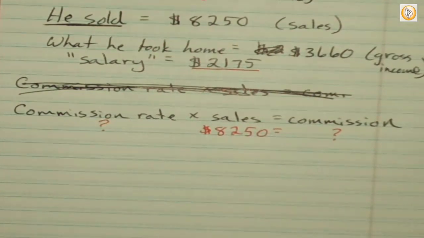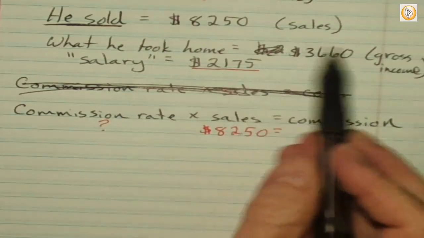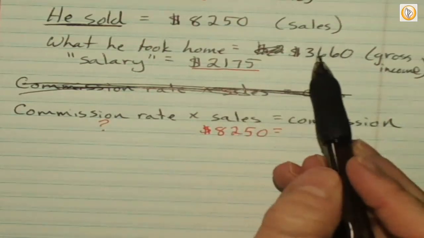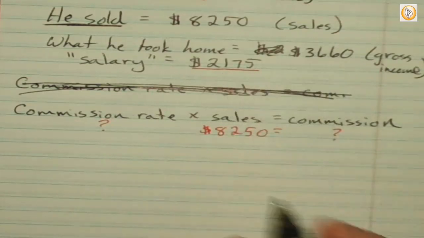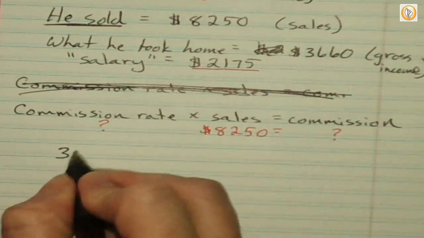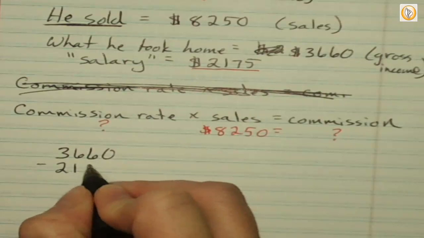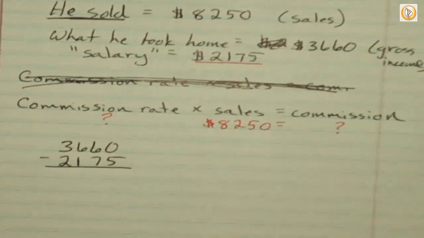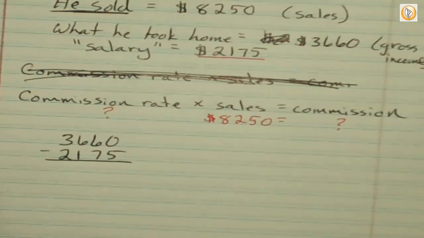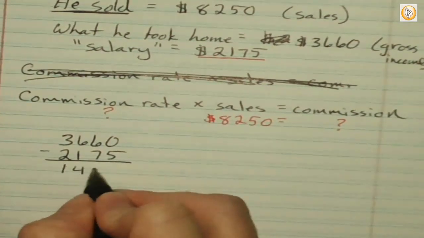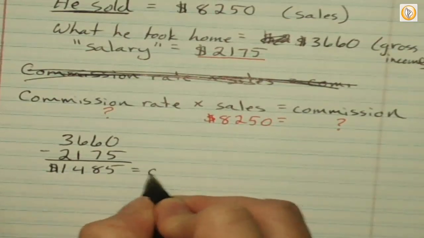I like Chap's way. So Chap said to find commission, if this is what he took home, and this is his base salary that he gets every month, all you do is subtract the two. And that's what we're going to do. Because inevitably, that's what you're doing if I did it a different weird way. So if you subtract that, you would get $1,485. So that is our commission.